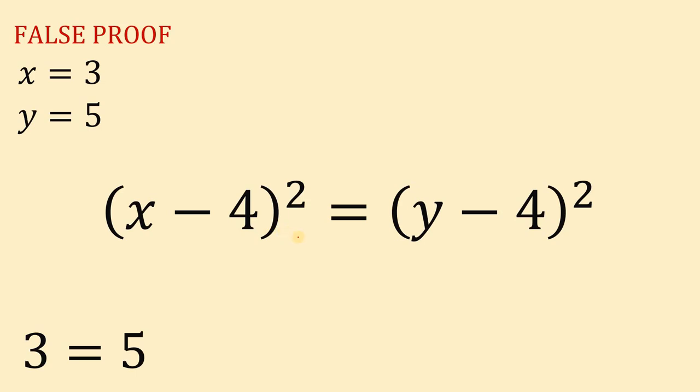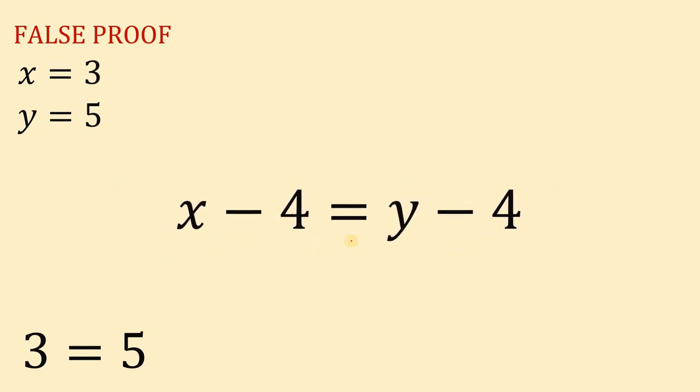And now take note, we have two expressions that are both squared. Therefore, we can say that x minus 4, their bases, and y minus 4 must be the same. Or simply, if we get the square root on both sides, we get x minus 4 and y minus 4 on both sides. So we can say that x minus 4 equals y minus 4.